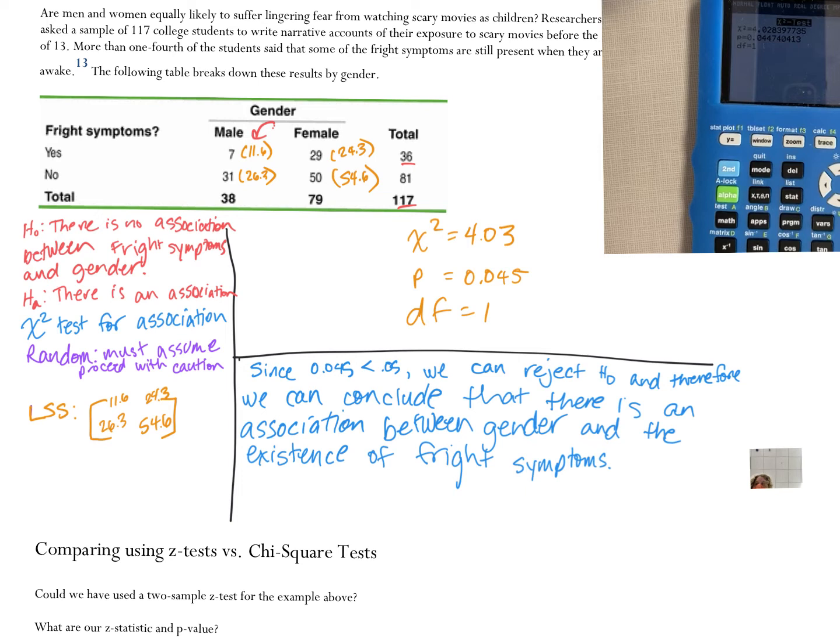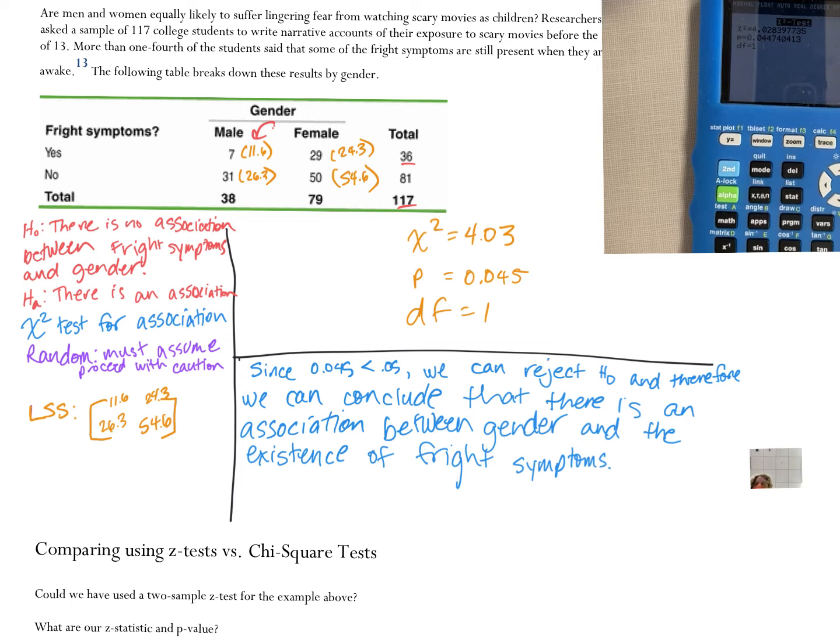What you want to look at is not that 29 is bigger than 7. You shouldn't be talking about these two numbers at all. You should be talking about these two numbers, that 29 is bigger than what was expected if they weren't independent or there wasn't an association. Do you guys see what I'm saying? Like, the 29 is more than what was expected, not the 29 is more than the males.